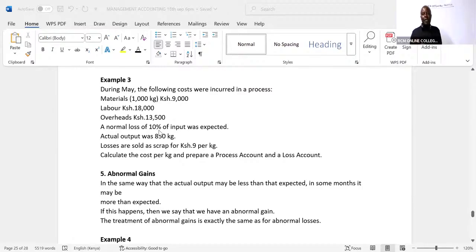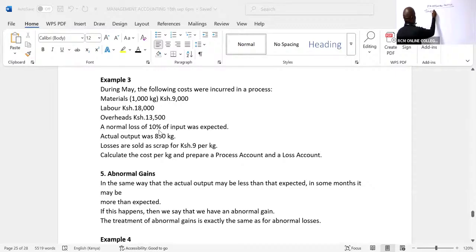What do you think, ladies and gentlemen, will be the very first thing for us to do to tackle this question effectively? Can you kindly tell me? Yes, we should develop what we call a throughput account.